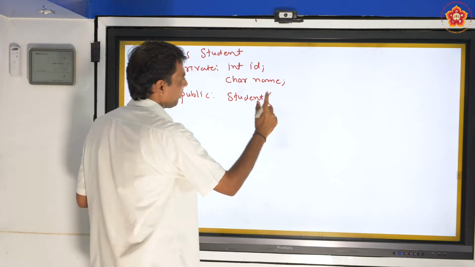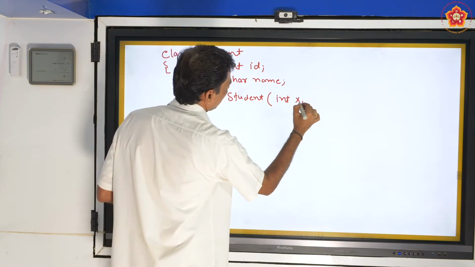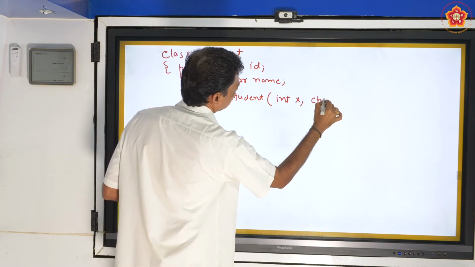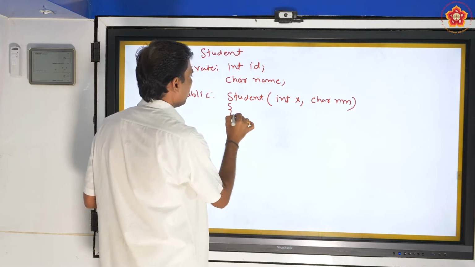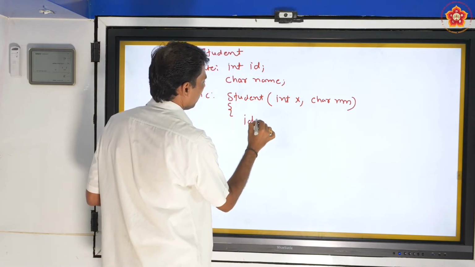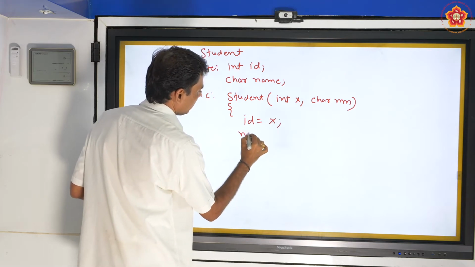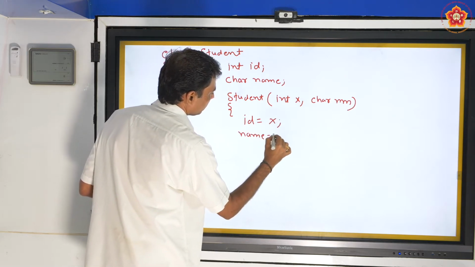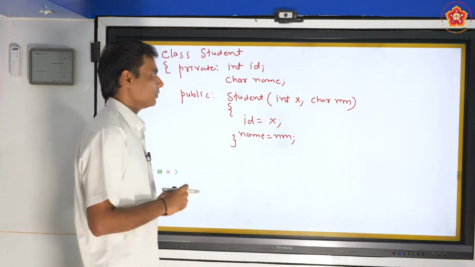I have to declare parameters here, int x and char nm. And I am going to assign the value of x to id and the value of nm to name, and this constructor is over here.